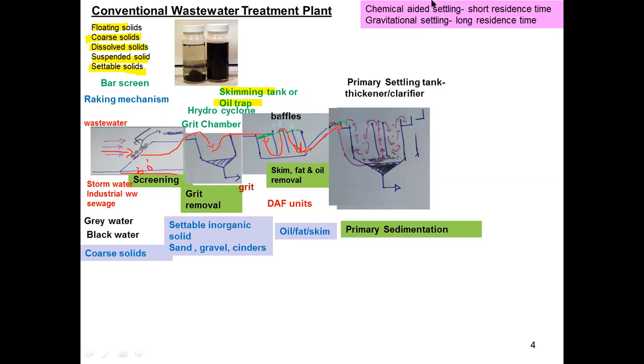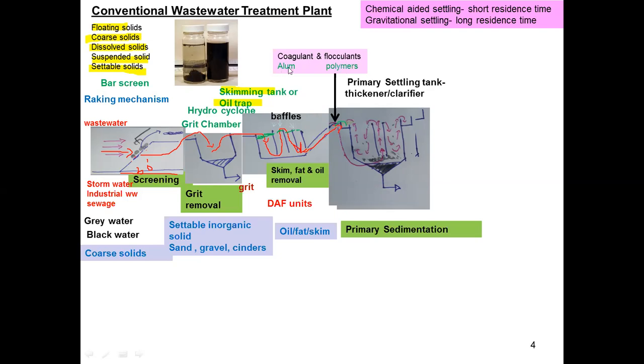For chemical aided settling, it has 30 to 45 minutes residence time, which means a short residence time. If it is chemical settling, we have to put in coagulants and flocculants. That means we have to add alum and some polymers. An example of a coagulant is alum, and some polymeric substances we add as flocculants.